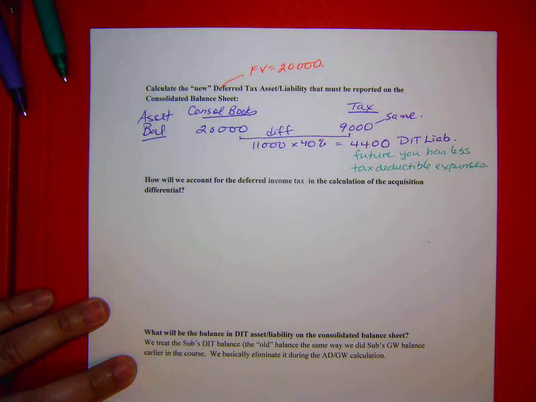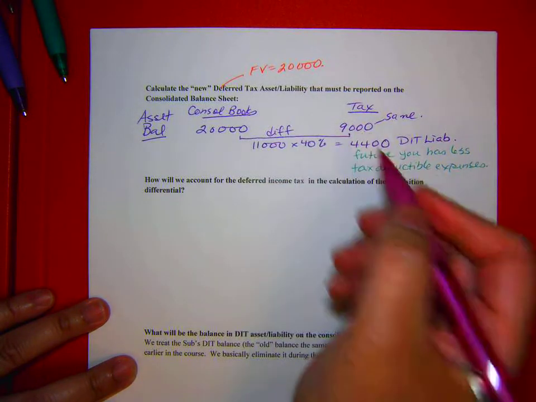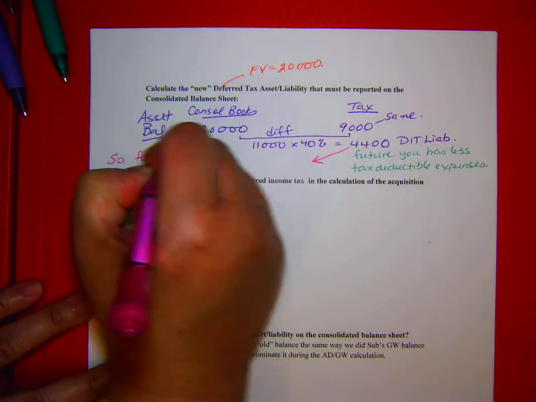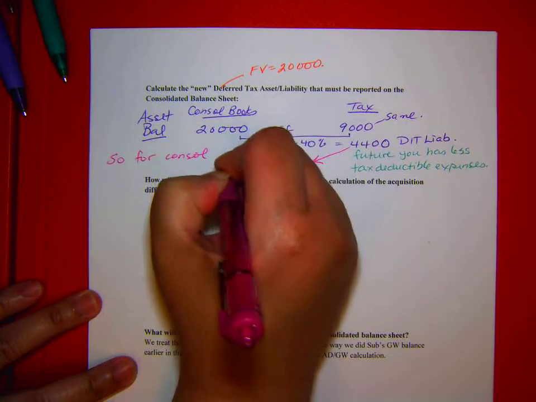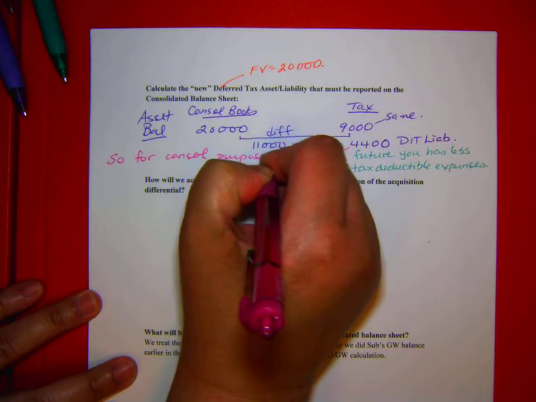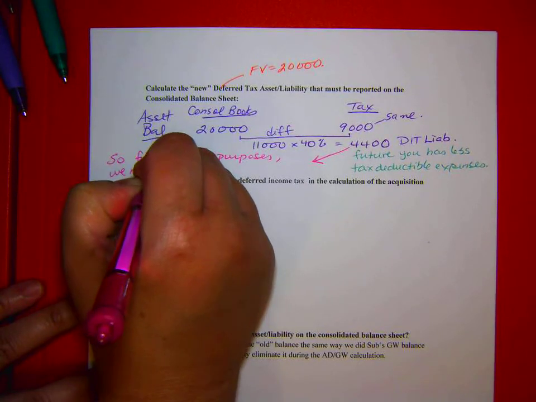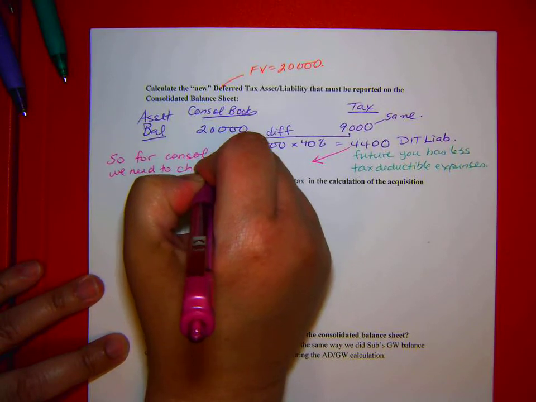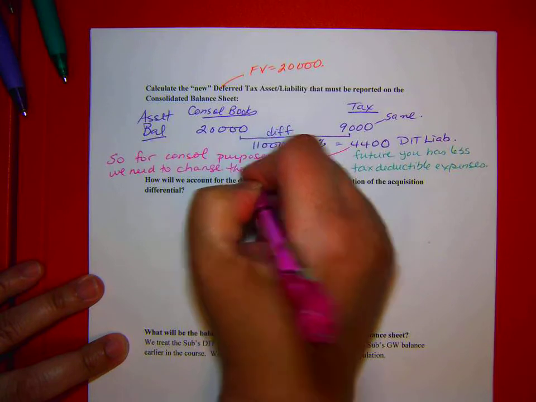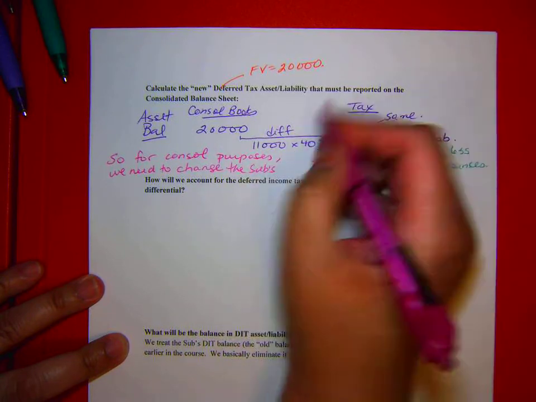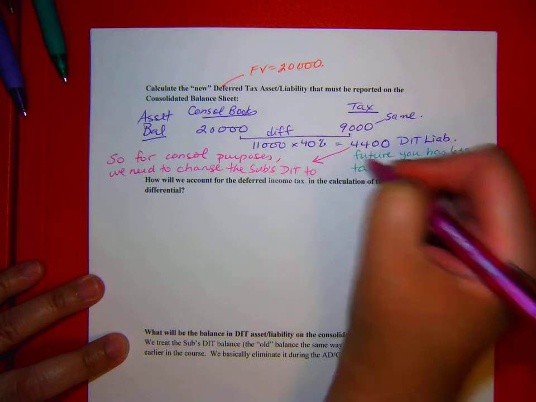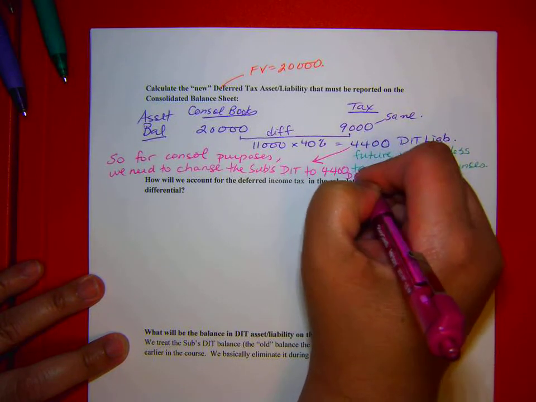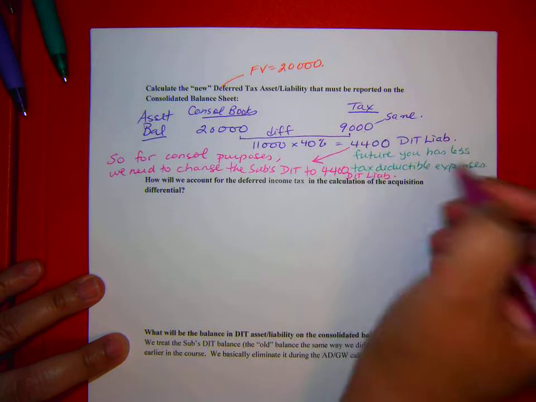So what we have to do then for consolidated purposes, we need to change the sub's DIT to 4,400 DIT liability. Sorry, that's a little squashed in there.